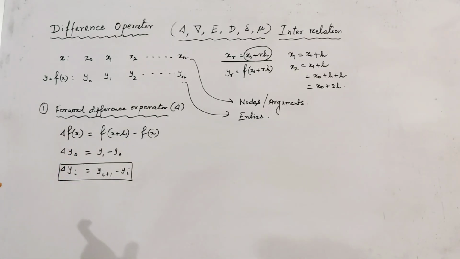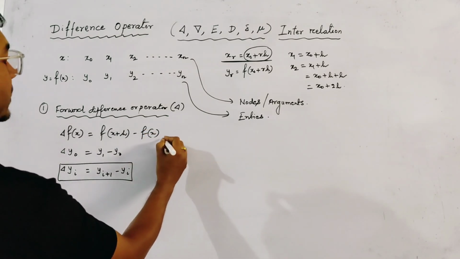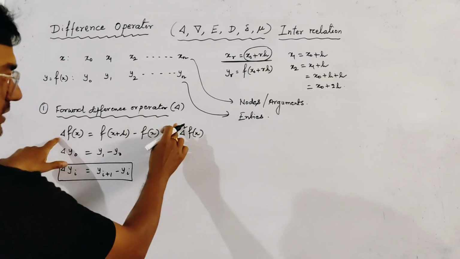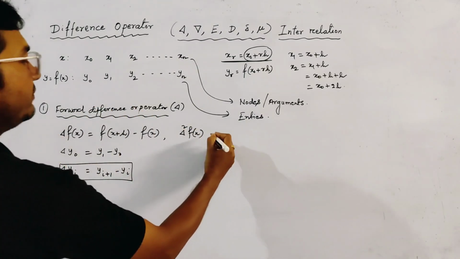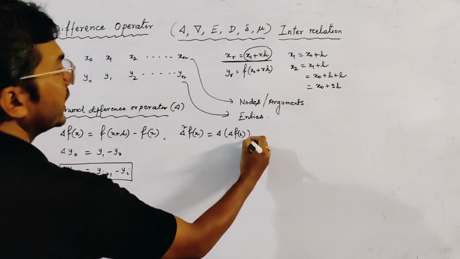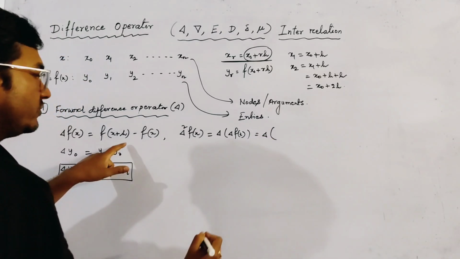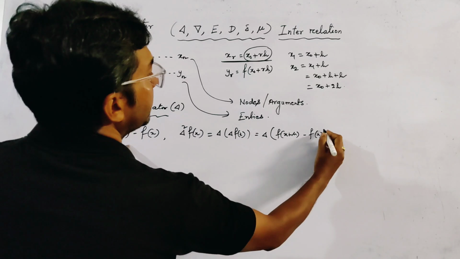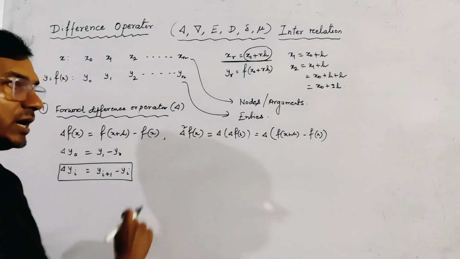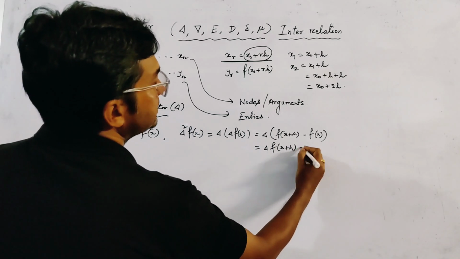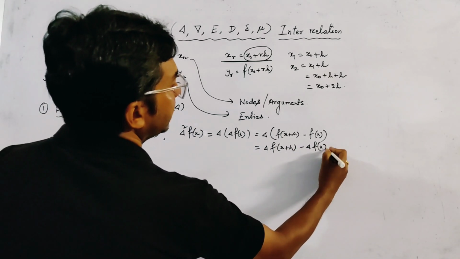Now what is the second order forward difference operator? It is given by delta square f of x, defined as delta of delta f of x. This is delta of f of x plus h minus f of x, which is delta f of x plus h minus delta f of x.